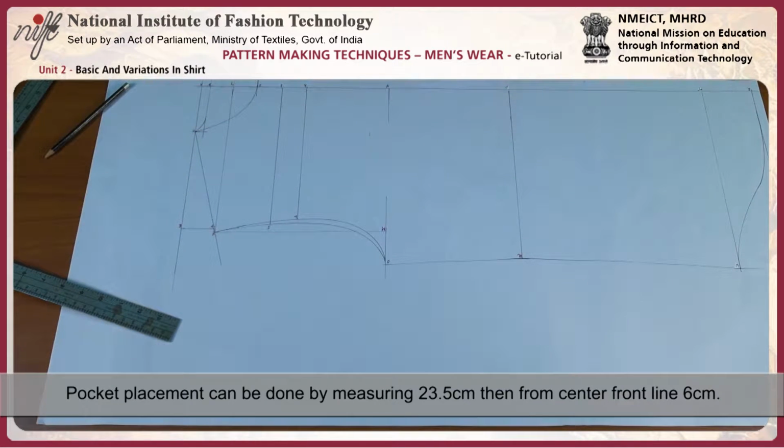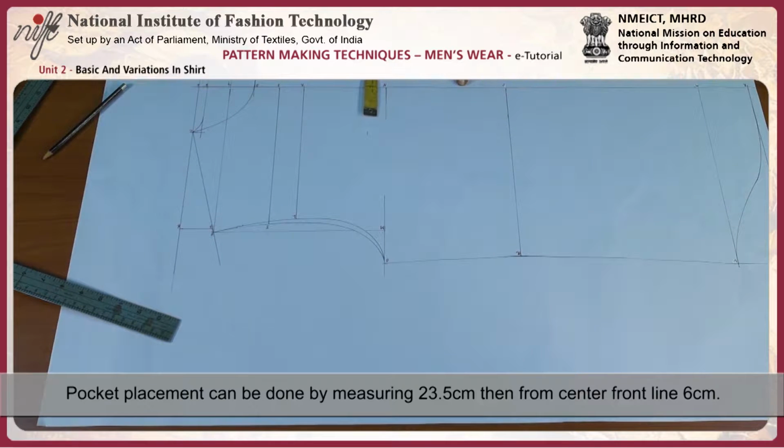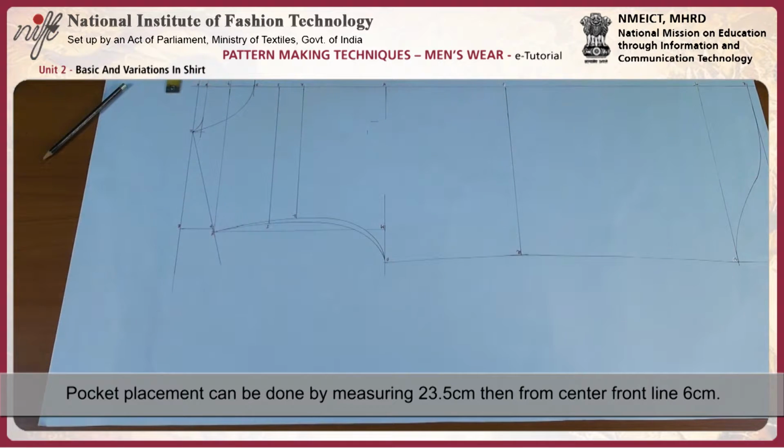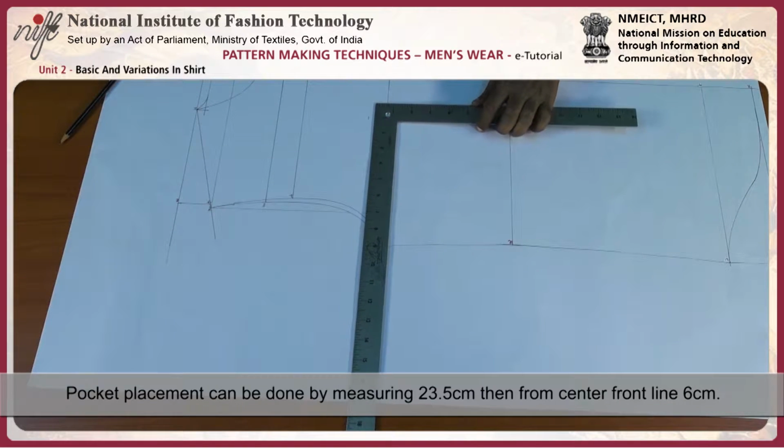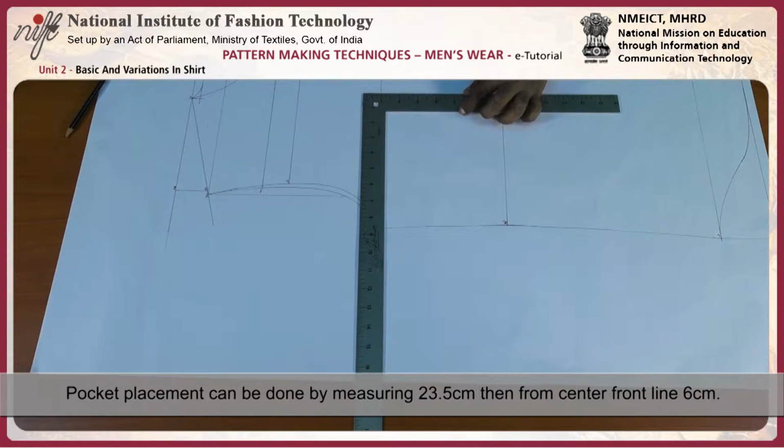Then from reference line, which is now center front line, 6 centimeters. Then use a set square or L scale to draw pocket placement.